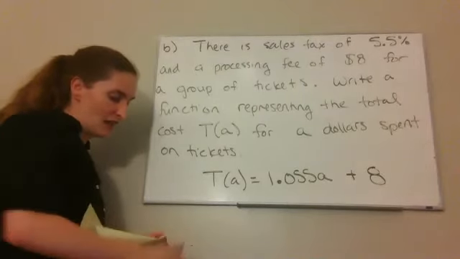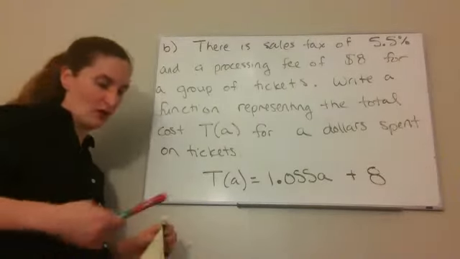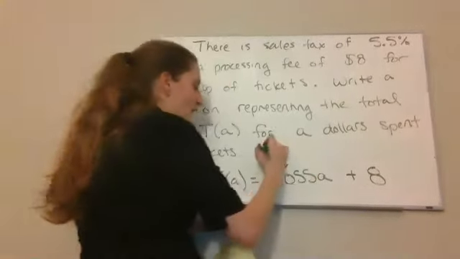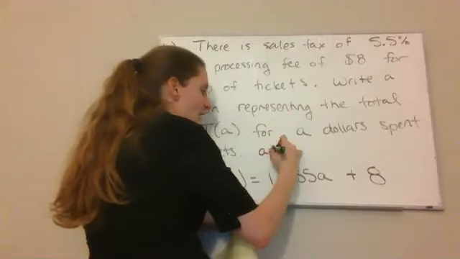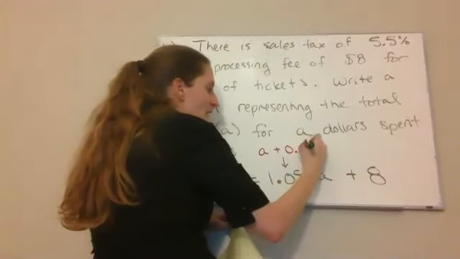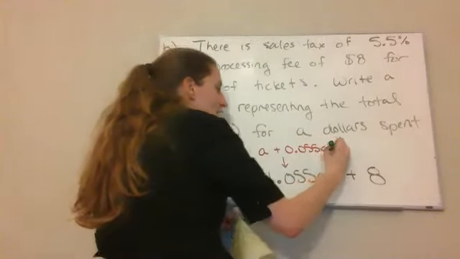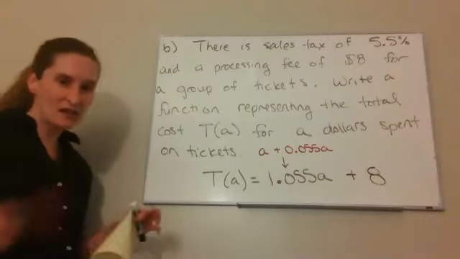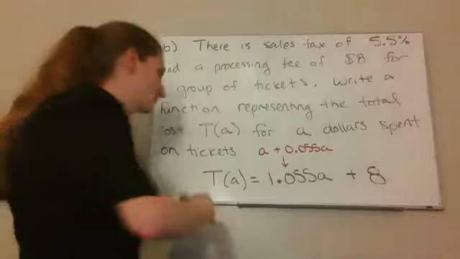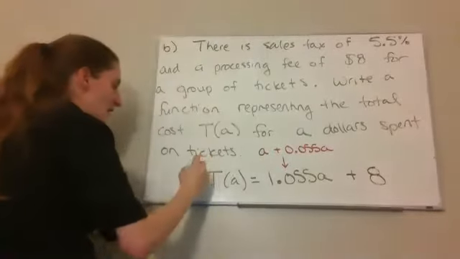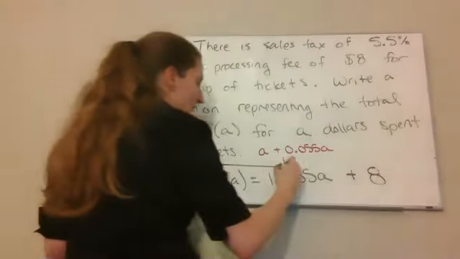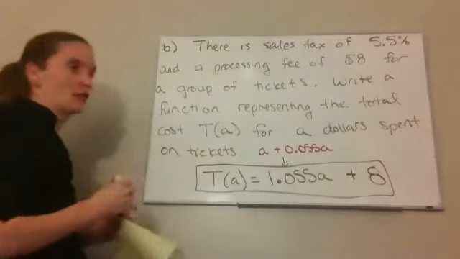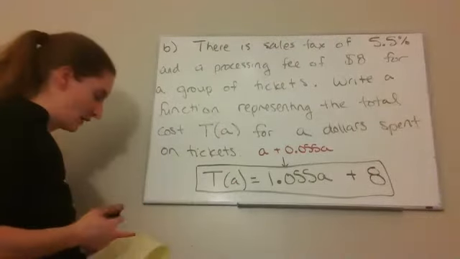So just in case, I'm going to put a little note here letting you know where this comes from. This is from my cost A plus my sales tax times A. It's just combined into one term, just in case you didn't see where that came from. Here is a function representing the total cost for buying $8 worth of tickets.